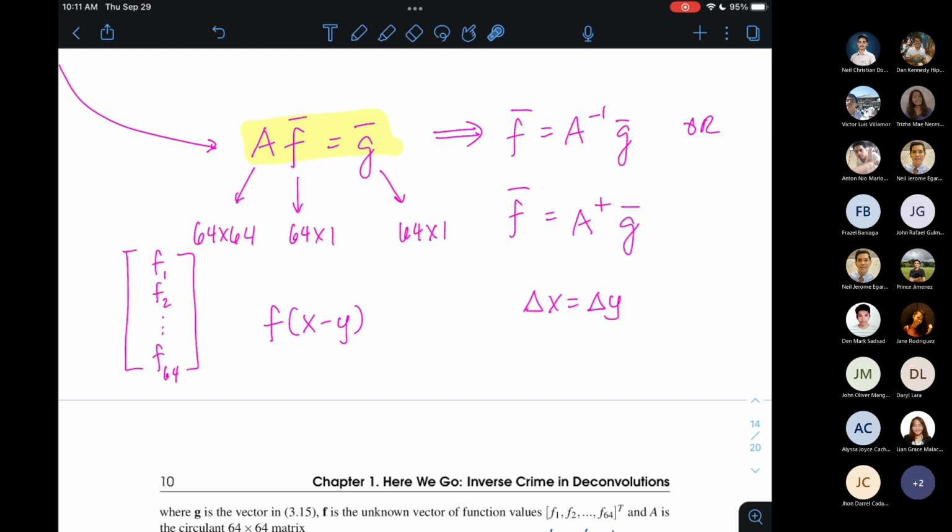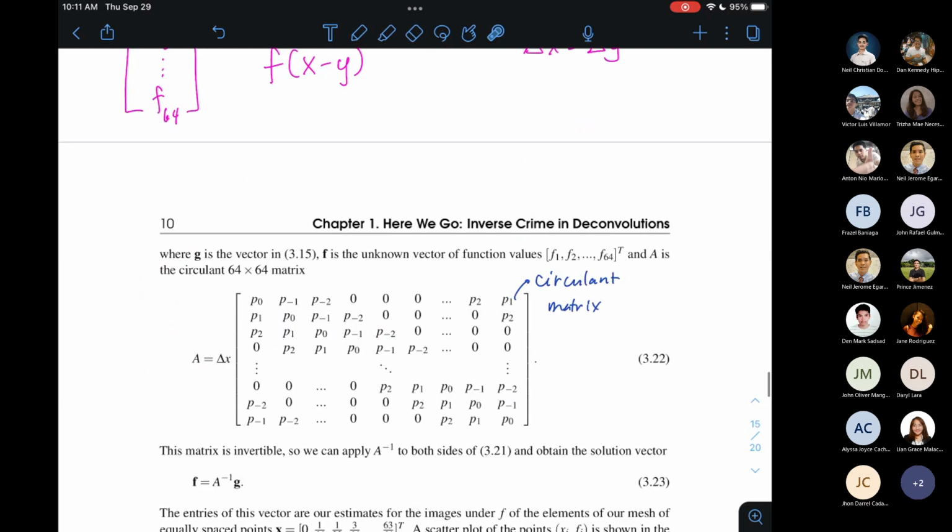Right? So kaya dapat magma-match yung x minus y, dapat yung value ni x minus y ay isa dun sa mga values of the form j over 64 where j goes from 0 to 63. Kaya medyo komplikado yung pagkaka-define ni matrix A.